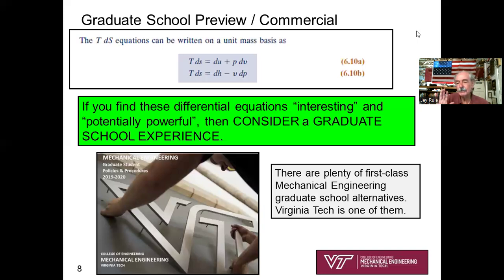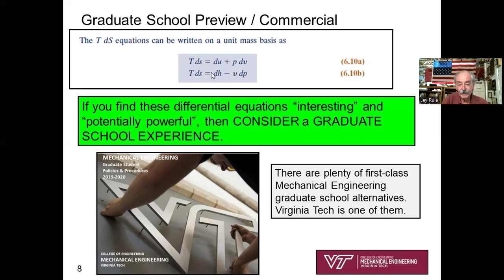Some comments about these two differential equations, and to try to make you feel better about this particular course, we're going to integrate those two differential equations, and we're going to get to a working result quickly. We don't have to worry about doing the tortuous math of solving differential equations. However, if you're thinking about graduate school, and I encourage you to do so, if you're thinking about staying for graduate school or going to a different graduate school than Virginia Tech, I think that is a wonderful idea. I highly encourage it if you enjoy working with differential equations.